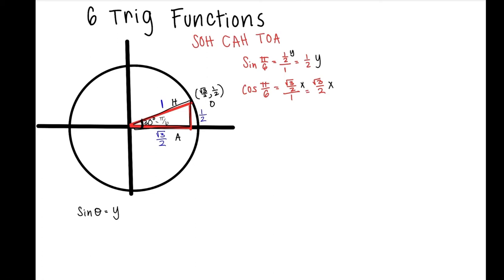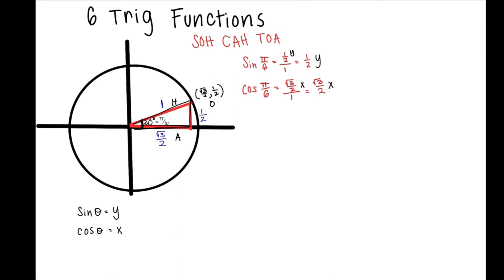So I can summarize by saying my cosine of theta, whatever angle that is, is always going to be equal to its x value on the unit circle. So that's pretty simple. Going around memorizing the unit circle, I can always find the x or y value and say, okay, sine of that angle is its y value, or cosine of that angle is its x value.